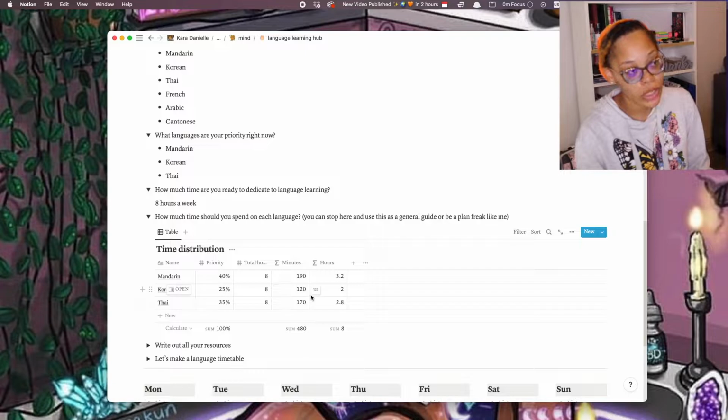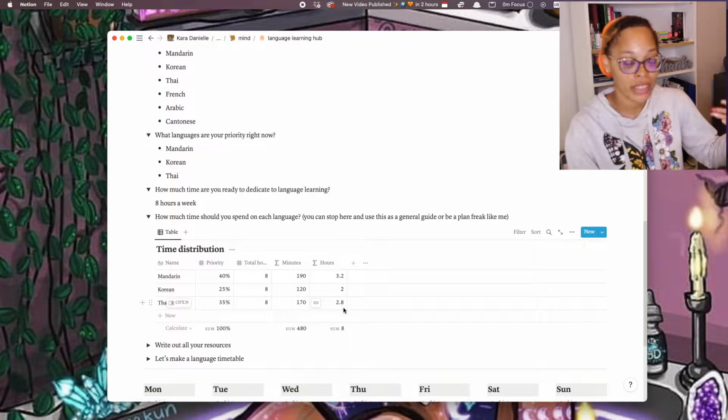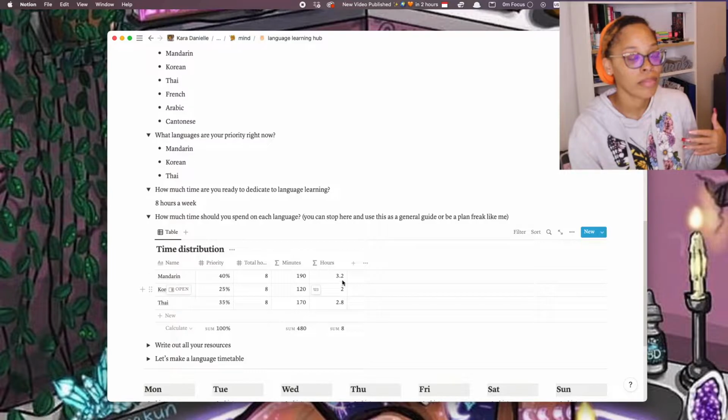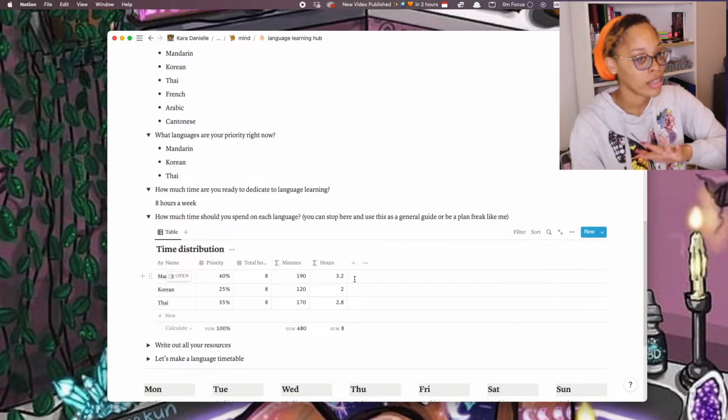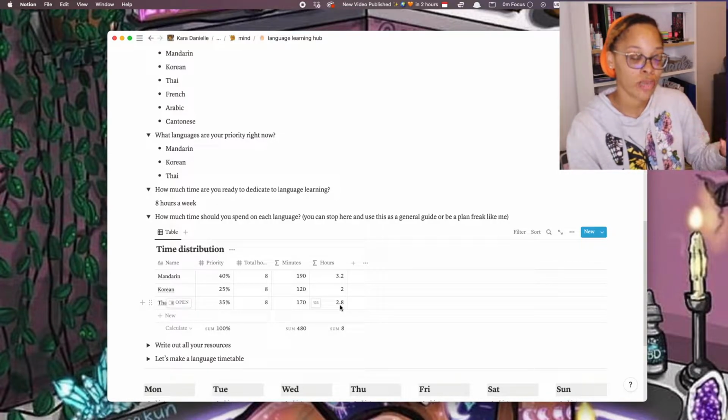So I think we'll talk about this on the goals side of things, but what is important is that I want to focus on speaking and listening for Mandarin and Korean, because one of the goals is to have a basic conversation, and also be able to watch a Korean drama or a Korean movie or a Chinese movie or a TV show in Mandarin without using subtitles.